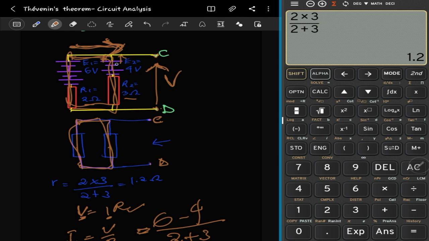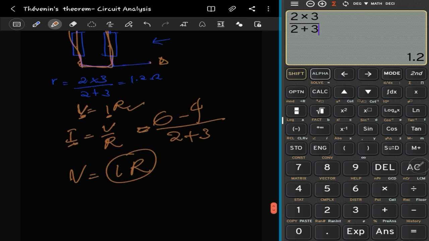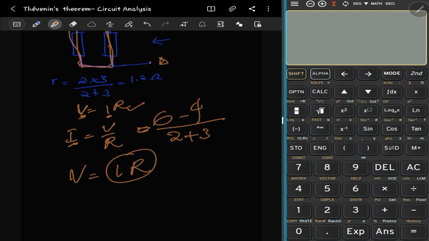From what we've done so far, you get to know that because these elements are here, we can move across them without passing through any other element. Then they are in series, so 2 plus 3. So that will give us our current that we are looking for to find the voltage finally. So this will be 6 minus 4, and then we have 2 plus 3, and that gives us 0.4, right?